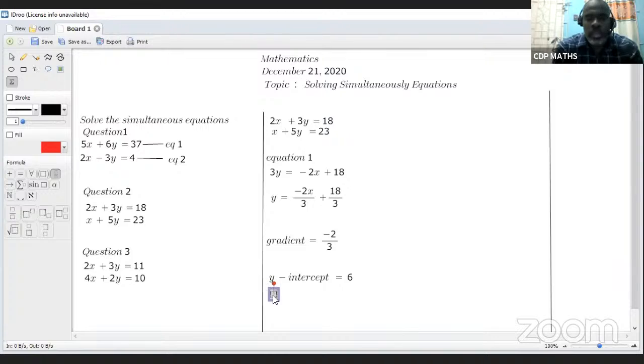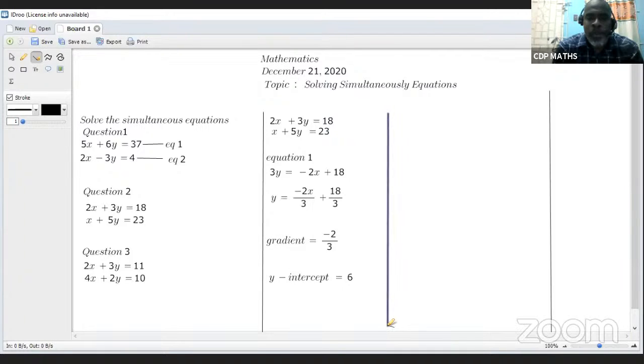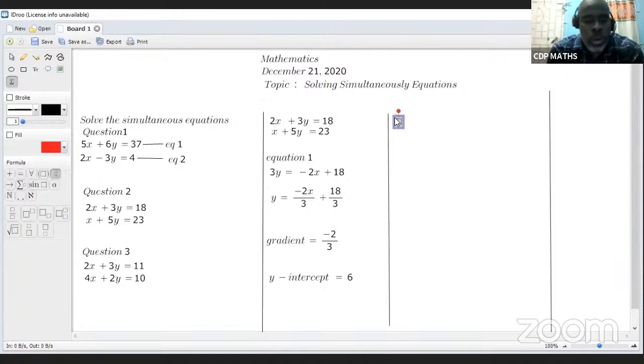Good. And then let's find it for the second equation, equation number 2. So we know that we're going to have 5y equals negative x plus 23. Divide both sides by 5.